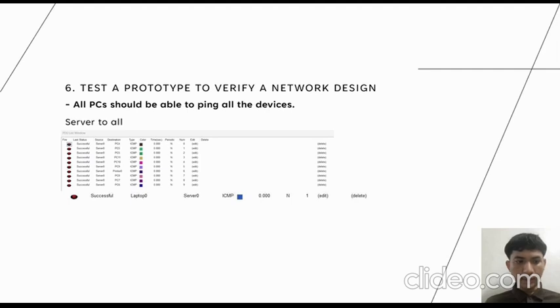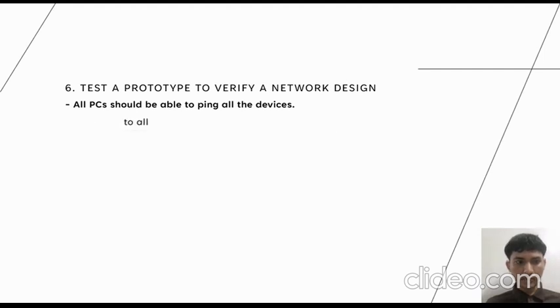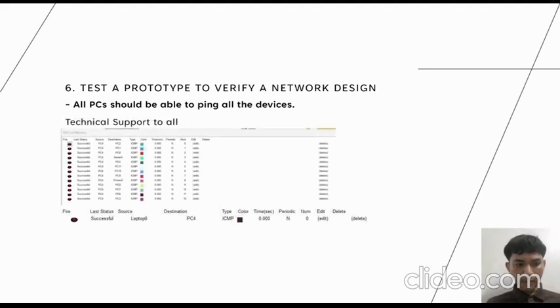The server pings all the other PCs successfully. It confirms that the server is properly connected and reached by all users. Support PC is tested next and all ping results are successful. This shows reliable connection across all devices in the network.